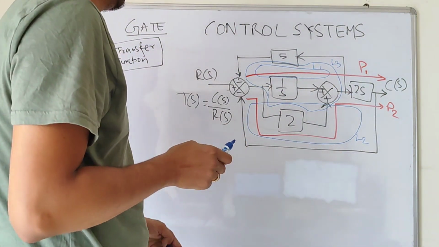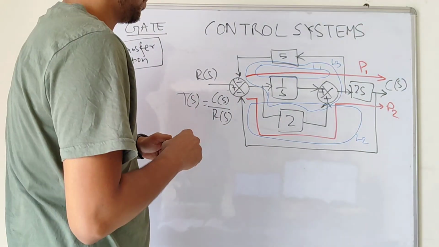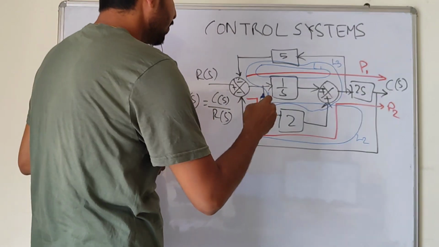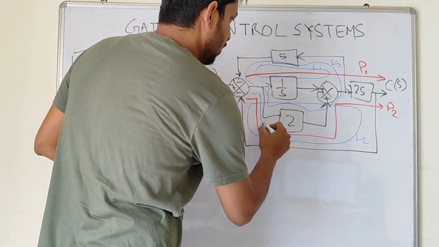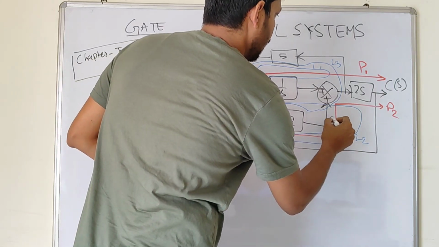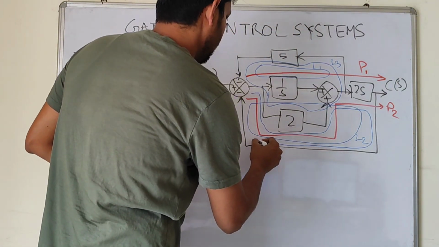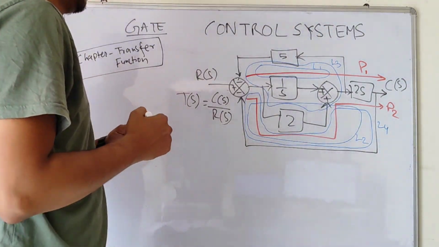L3. Do you see any other loop here? Yeah, there is one more loop. From here, we're going like this and then coming like this. Yeah, this is your loop 4.